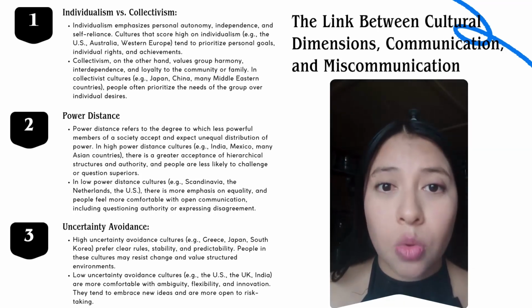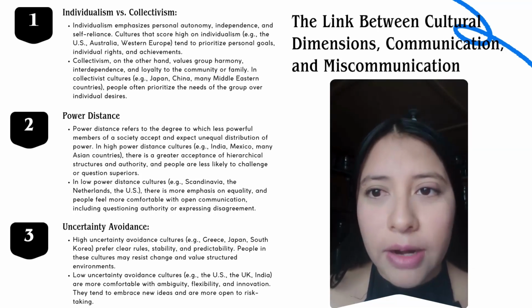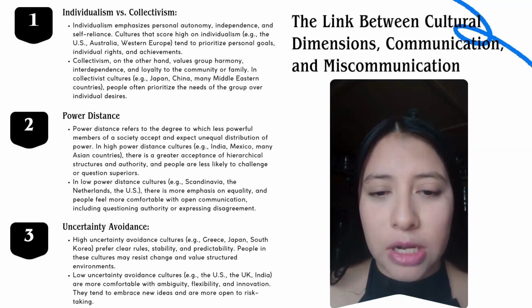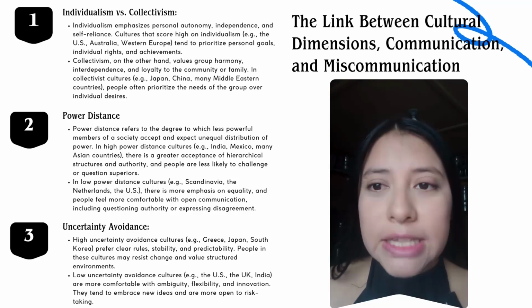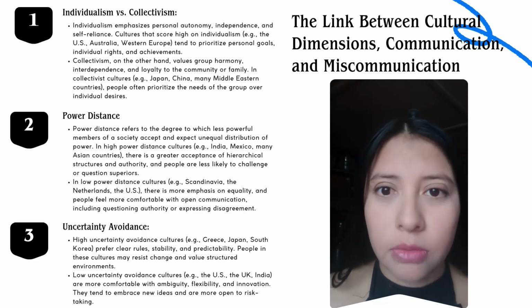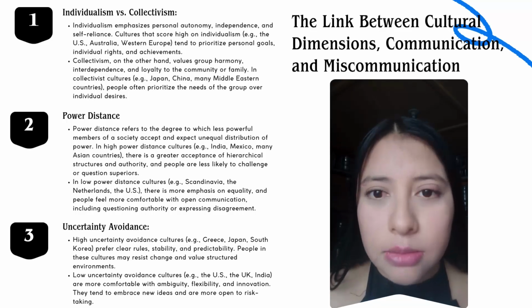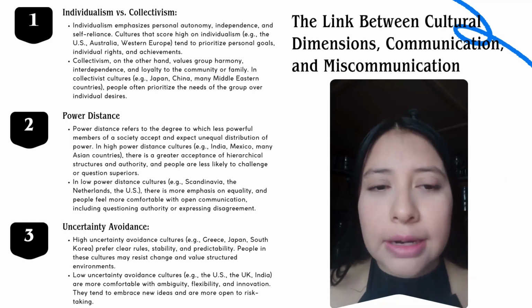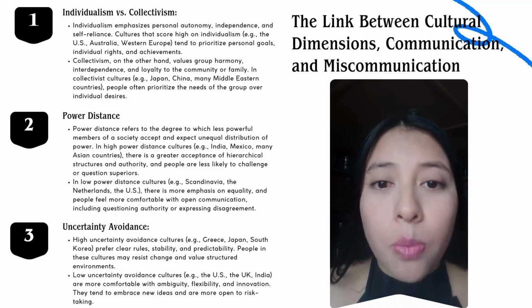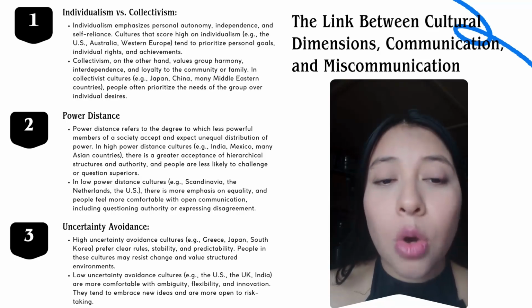In an interconnected world, understanding cultural differences is crucial for effective communication, especially when engaging with speakers from diverse backgrounds. Cultural dimensions like individualism versus collectivism, power distance, and uncertainty avoidance shape how people perceive the world and communicate.